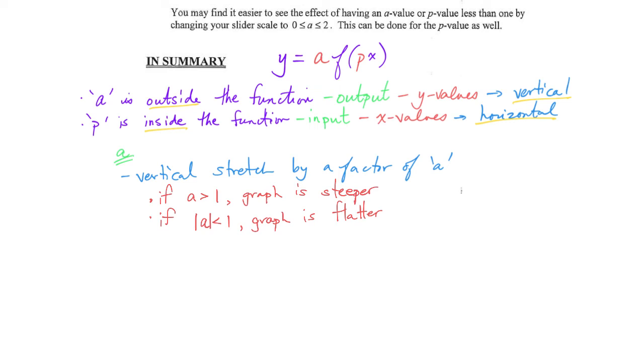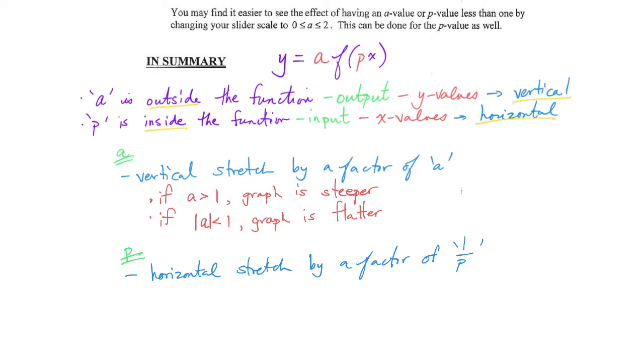Okay, now let's jump into our p-value. So we noticed the same thing, that within our p-value, we had a horizontal stretch. That p-value was on the inside, the input, inside horizontal. So we had a horizontal stretch by a factor, and this is going to look a little weird, of 1 over p.